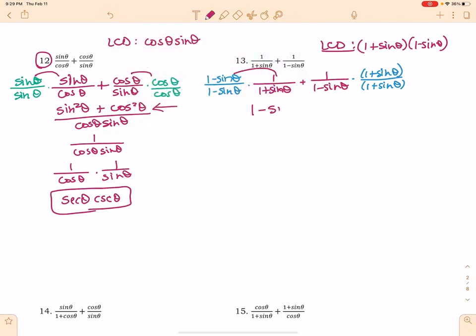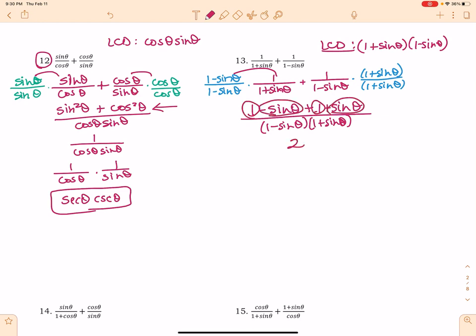So 1 minus sine theta times 1 is 1 minus sine theta. 1 times 1 plus sine theta is 1 plus sine theta, all over my LCD. Boy, my handwriting is horrible. Okay, so I'm going to combine like terms. This 1 and 1 becomes a 2. Negative sine theta and positive sine theta add to 0.